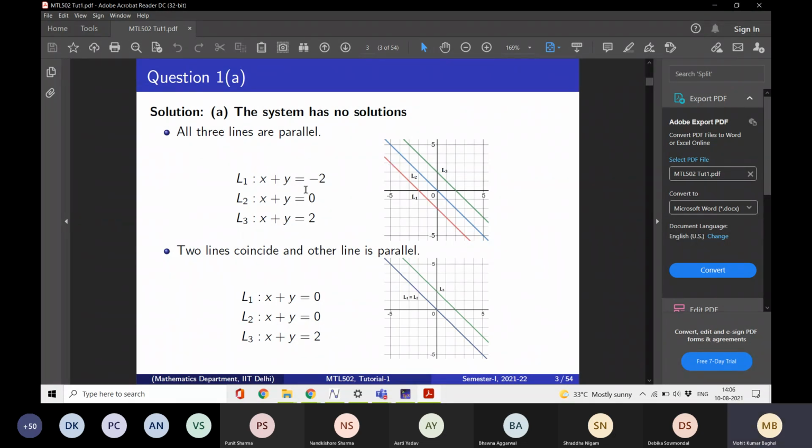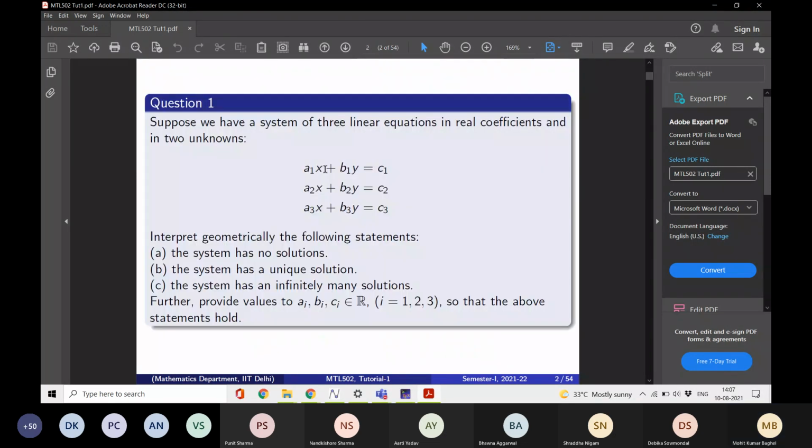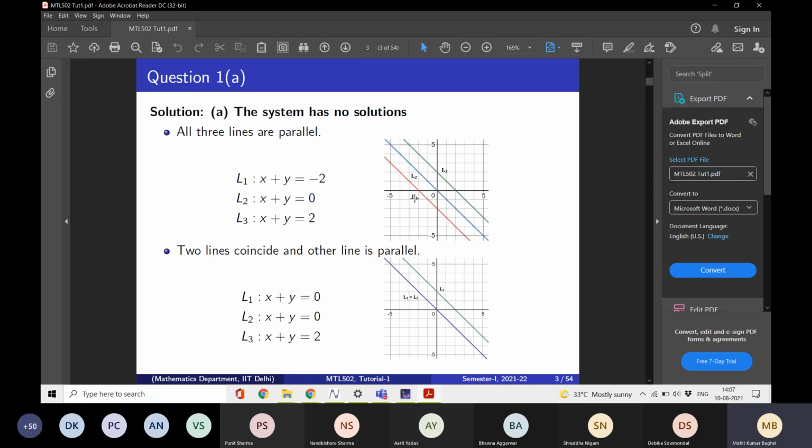The solution is the common point of all the lines, where L1, L2, L3 intersect at a common point. We say that will be the solution of the system of these equations. If there is no point of intersection of the three lines, then we can say that there is no solution.